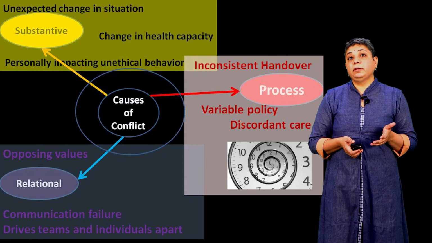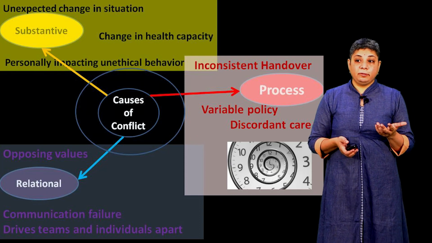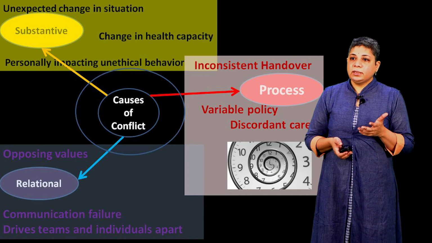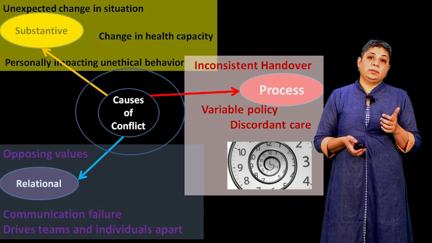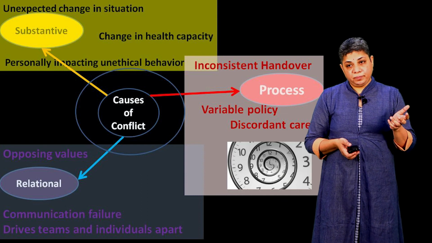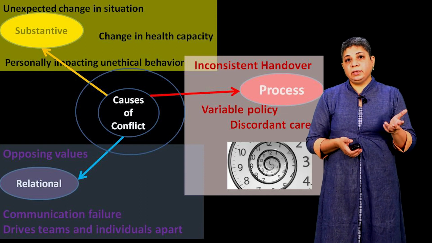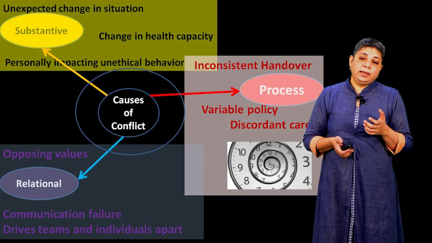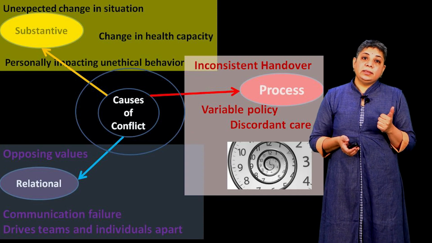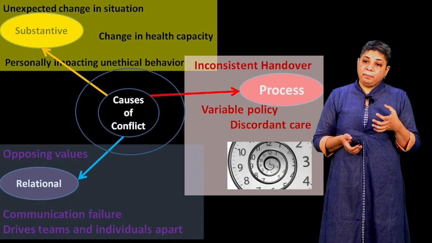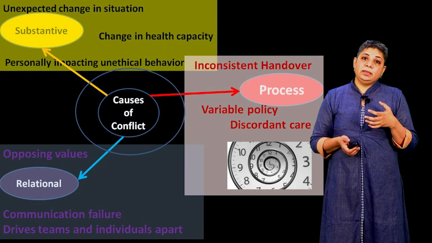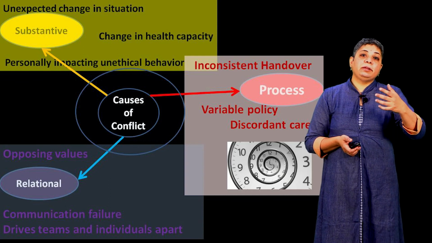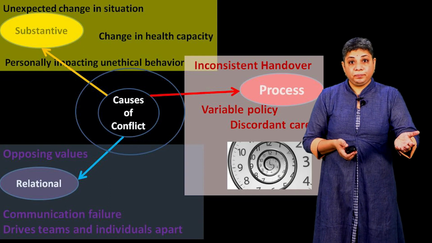So there's another way of looking at causes of conflict. One, there could be substantive causes. What is this? When there is a sudden change in the health situation of a patient, that's when the issues start. Or there is a change in health capacity, or something has happened that has personally affected a patient or a family member or a surrogate.